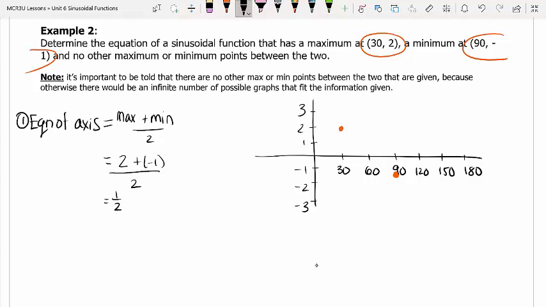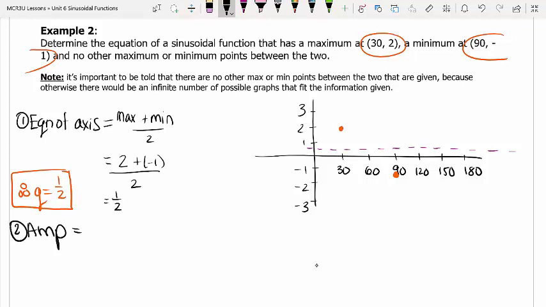Let's go ahead and draw that on the graph. Okay, and in terms of the equation, we know that the equation of the axis on the graph is the same as the q value in the equation. That's super helpful.